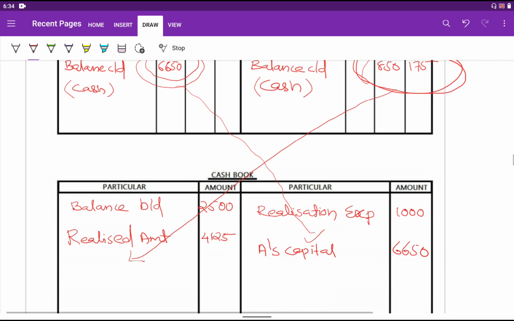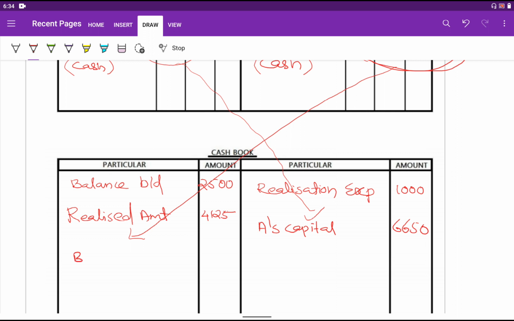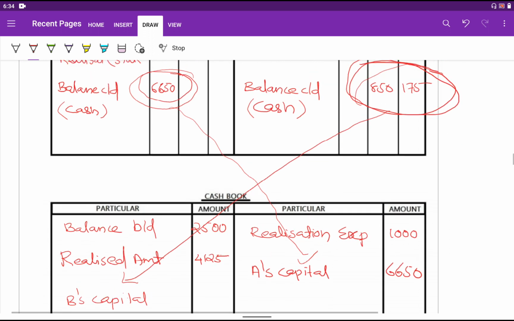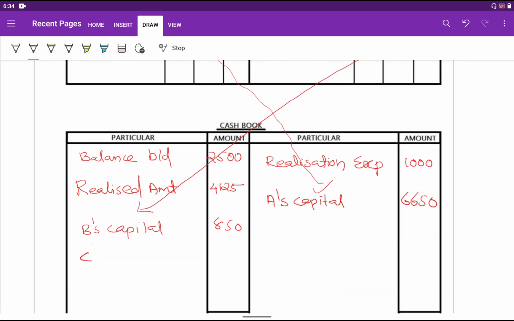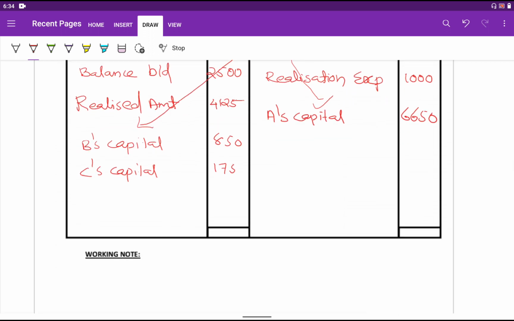So B's capital, how much they want to bring? 815 for B, and C 175. Now automatically these two sides will become equal. 7,650.